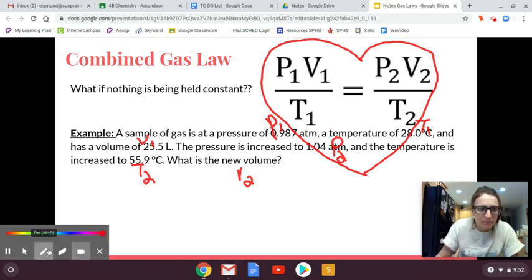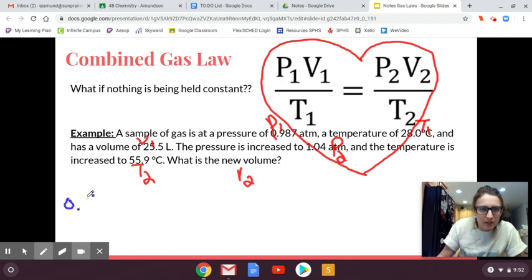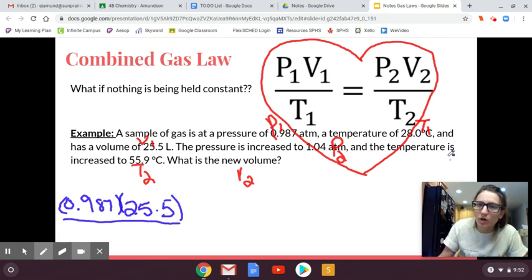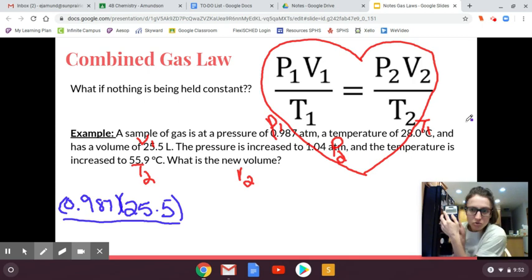So let's plug this all in. 0.987 times 25.5 divided by T1. T1 is 28 degrees Celsius, so do 28 plus 273. This is 301 Kelvin.